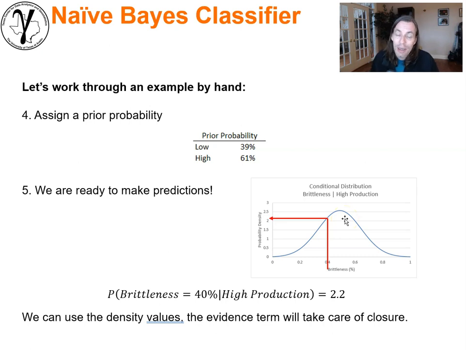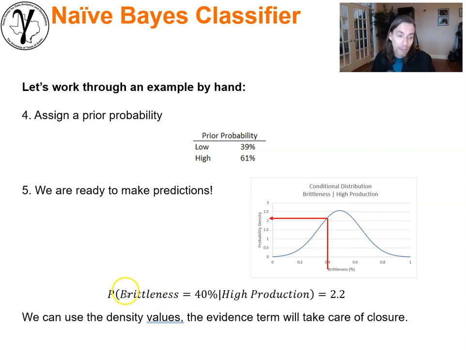What's interesting, because of the nuance of PDFs, is that we expect the integral to be between 0 and 1, with the integration from negative infinity to infinity equal to 1. But that means individual density values can in fact exceed 1. Nevertheless, they are a good measure of relative likelihood, so we don't have to worry about exactly the probabilities. We'll just put these density values directly into the equation.